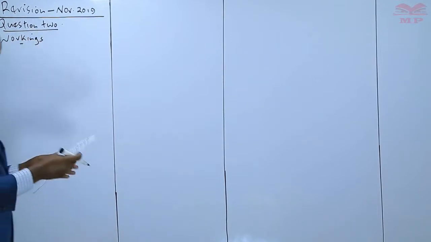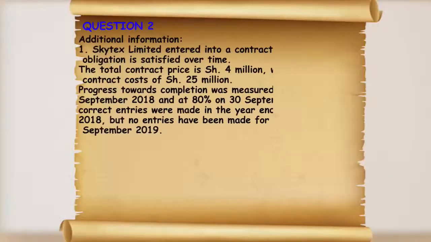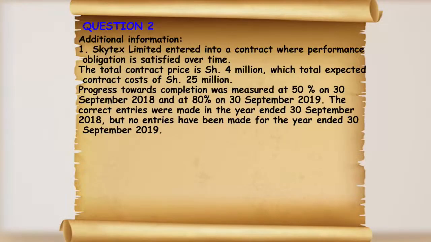So we go through note number 1, and we are told that Skytex Limited entered into a contract with a customer with a performance obligation, where the performance obligation is satisfied over time. And then you're told the total contract price was 45 million, with total expected contract cost of shillings 25 million.